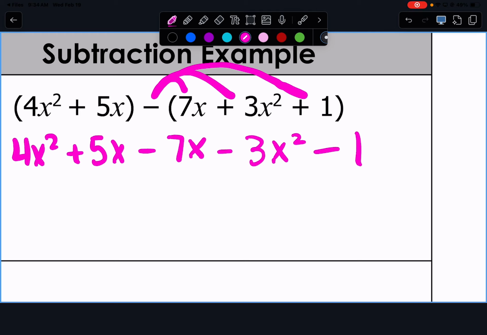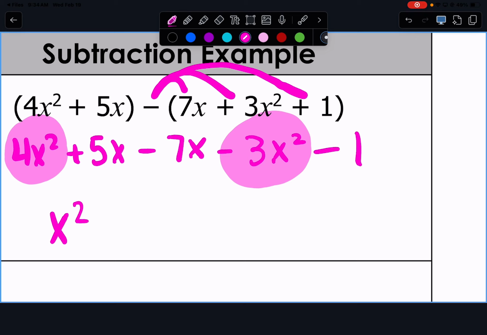Now we do the same thing. Our first term, what do we need to combine first? 4x squared and negative 3x squared. What is 4x squared minus 3x squared? x squared. Does the square ever go away? I don't think so, not when we're adding and subtracting.